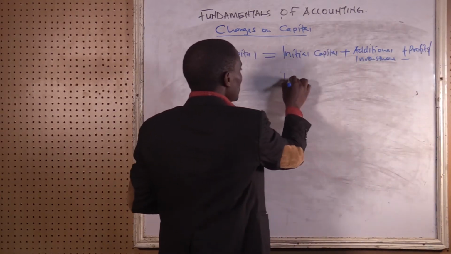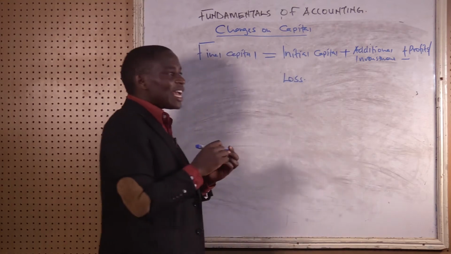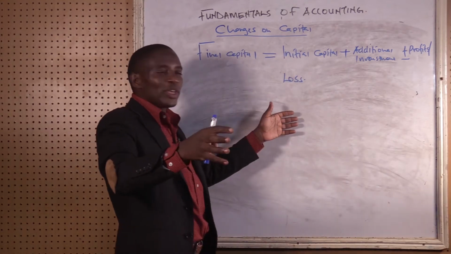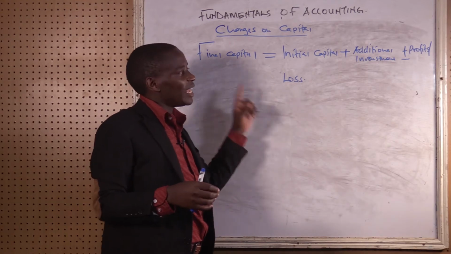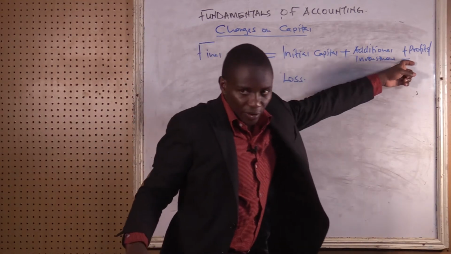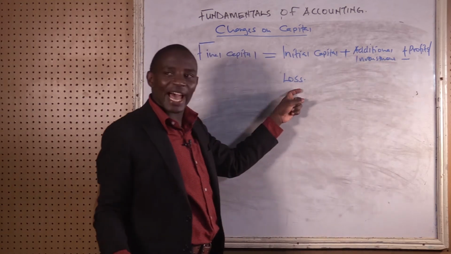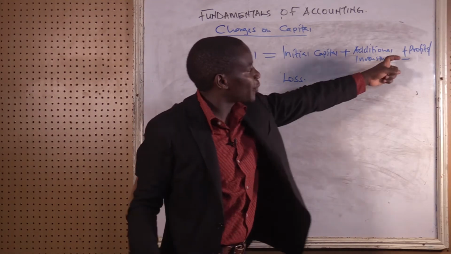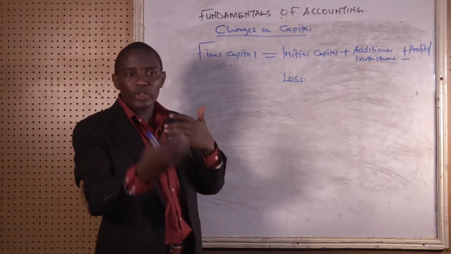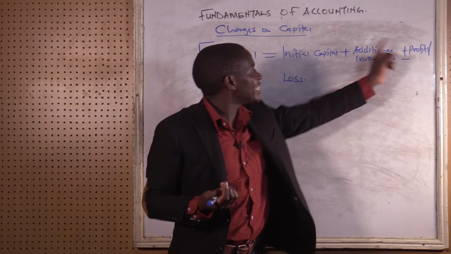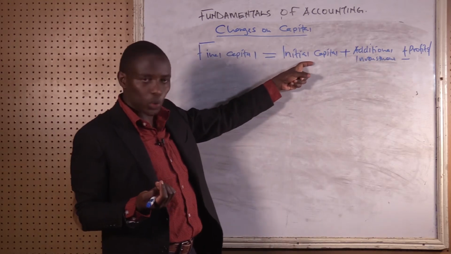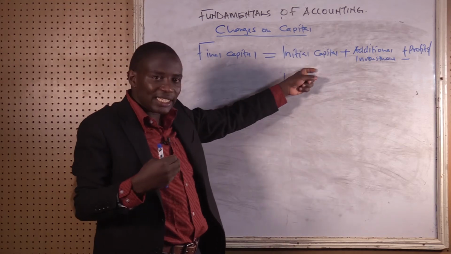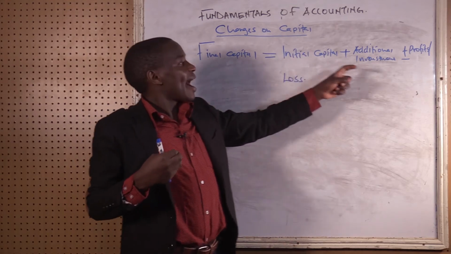I had hinted earlier on that after a certain period of time, a business may either earn some profit or incur some loss. When the business earns some profit, that profit increases the capital or adds to the owner's equity in the business.